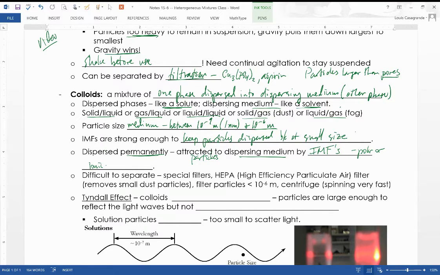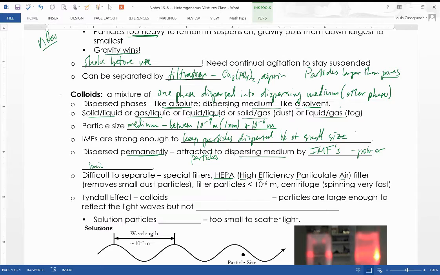These guys are a lot more difficult to separate. They're maybe not quite as difficult as homogeneous mixtures. You can separate them by using something called a HEPA filter. That stands for high efficiency particulate air. Now, most modern vacuum cleaners are equipped with HEPA filters because those HEPA filters can remove small dust particles, and especially if there's anybody who has allergies in your house, you're going to want to use these.